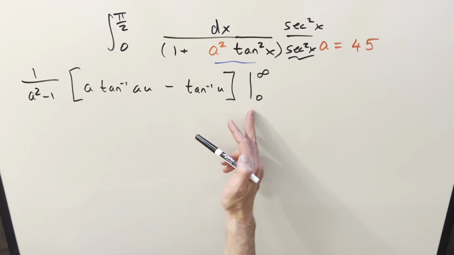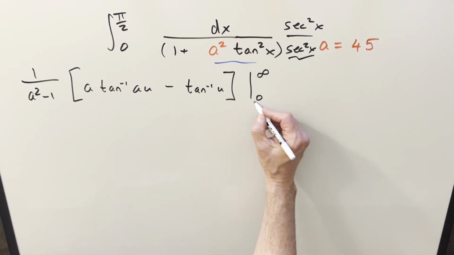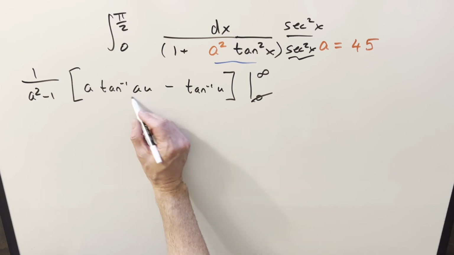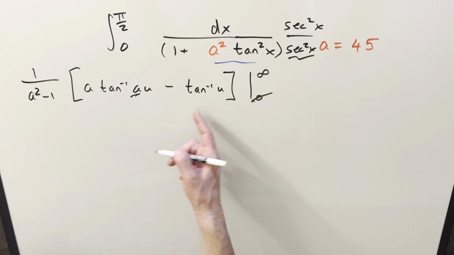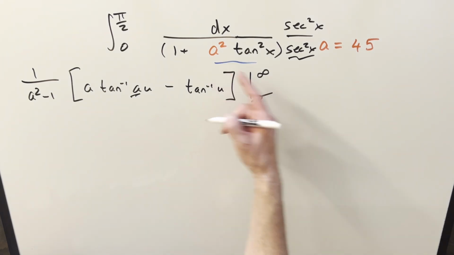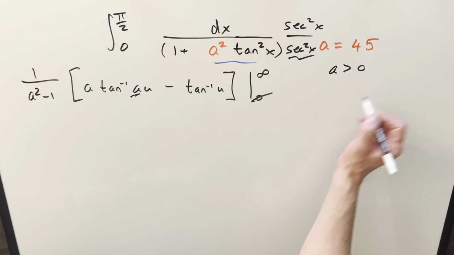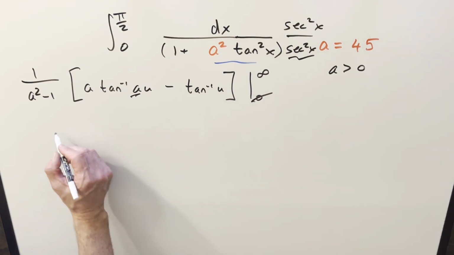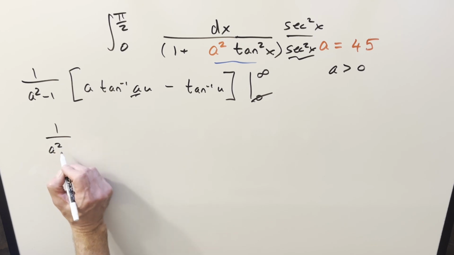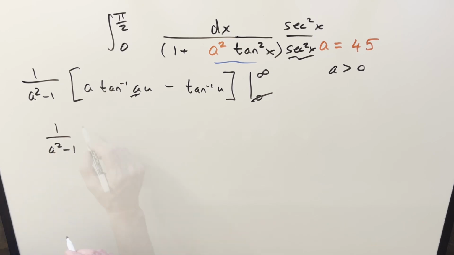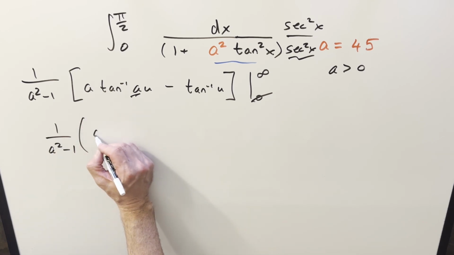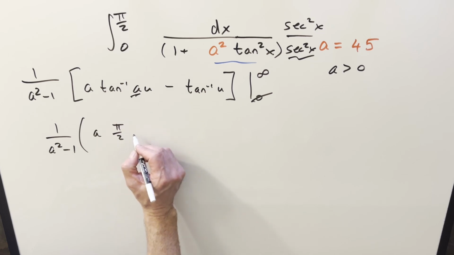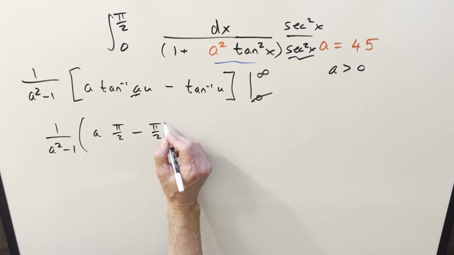Notice arctan at 0 is just 0, so we don't have to worry about that. The constant is not going to matter when evaluating at infinity, because we're assuming we always want a to be greater than 0. When we plug in infinity, we get pi over 2. So we have 1 over a squared minus 1, and inside this becomes a pi over 2 minus pi over 2.